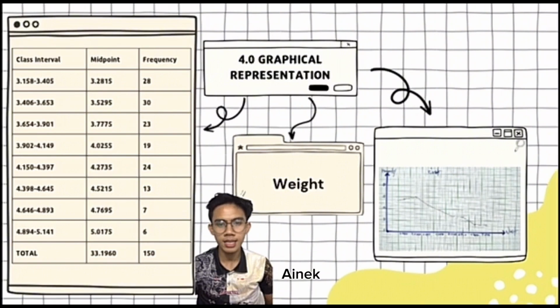Class interval number 6 is 4.398 until 4.645, midpoint is 4.5215, and frequency is 30. Class interval number 7 is 4.646 until 4.893, midpoint 4.7695, and frequency is 7.